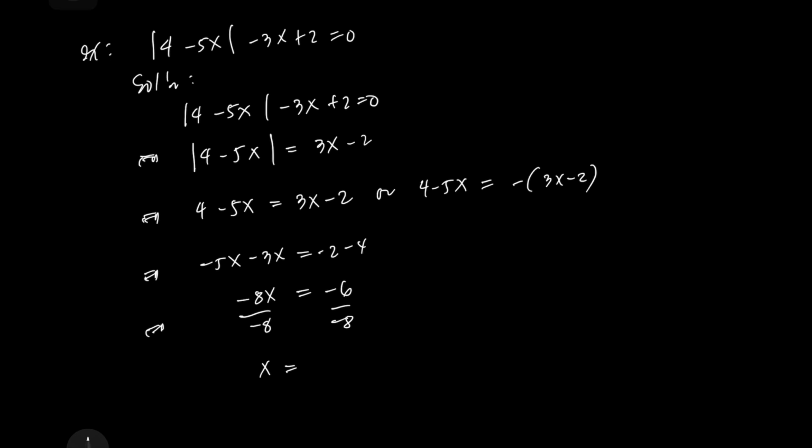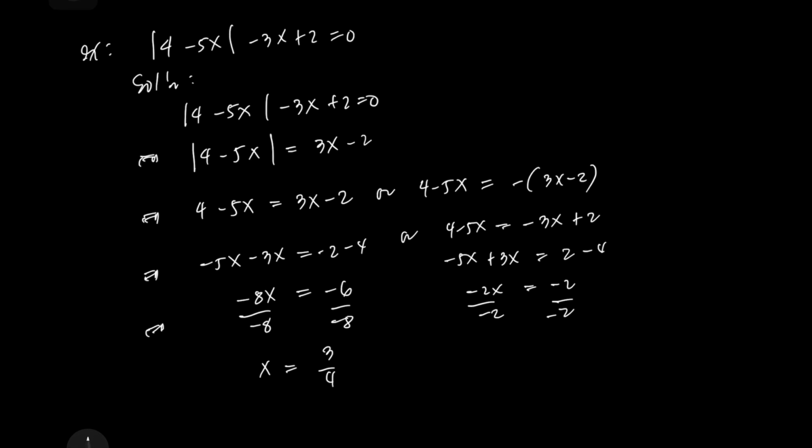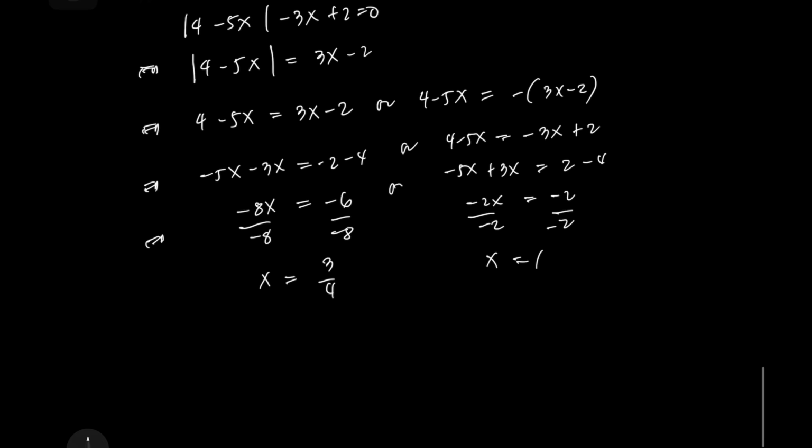We have x is equal to 6 over 8, that's 3 over 4. Then here we have 4 minus 5x equals negative 3x plus 2, negative 5x plus 3x equals 2 minus 4, then negative 2x equals negative 2, divided by negative 2 on both sides. We have x equals 1.